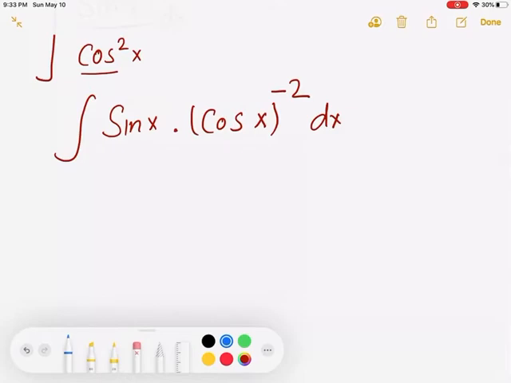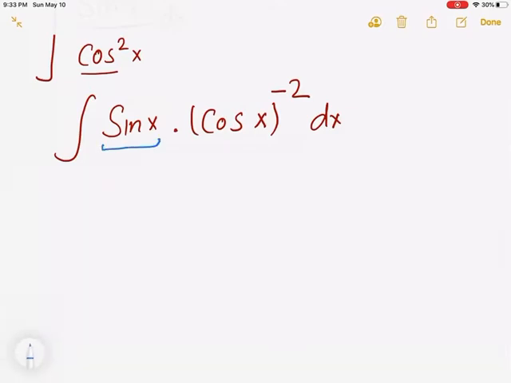Okay, now it's time to set a part of this equation equal to u. I see sine x as a part of the function, and this is the second function. So I would set the cosine x function, the part that's inside the negative exponent, equal to u. Now this becomes du over dx.